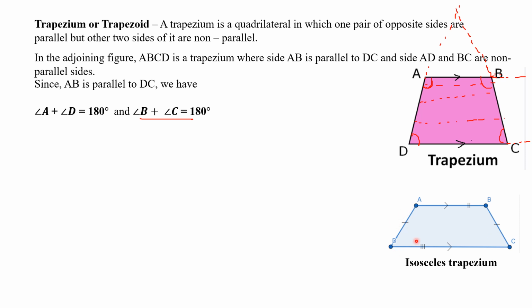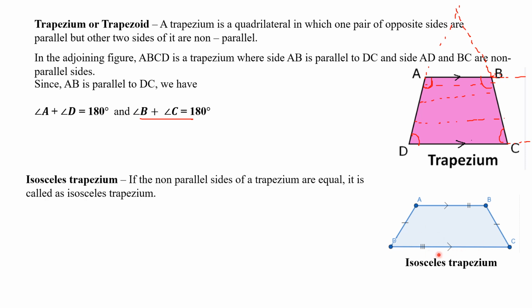If these non-parallel sides are of equal measure, for example, if AD is 3 centimeters, BC is also 3 centimeters, then we can say the trapezium is an isosceles trapezium. So here AD is equal to BC and AB is parallel to CD.